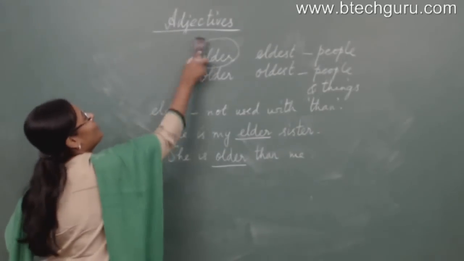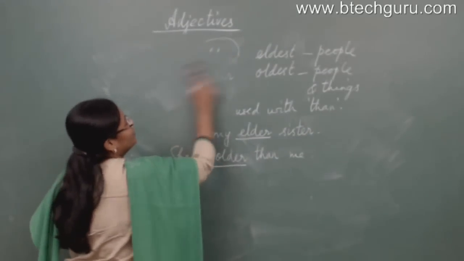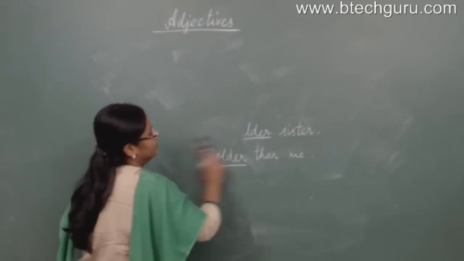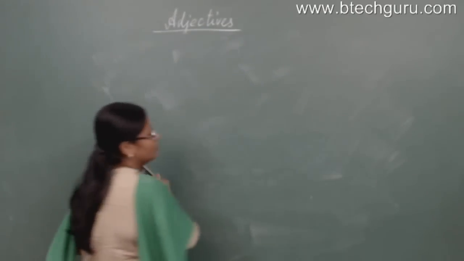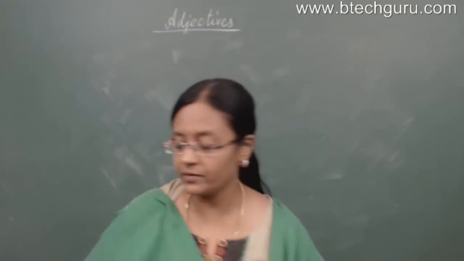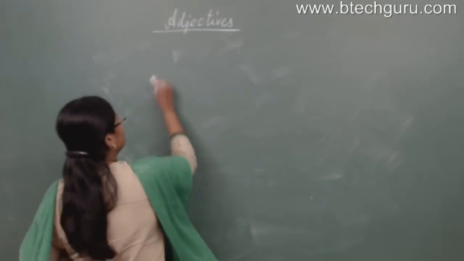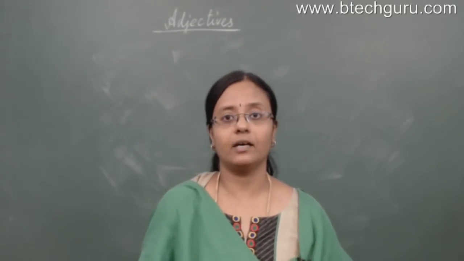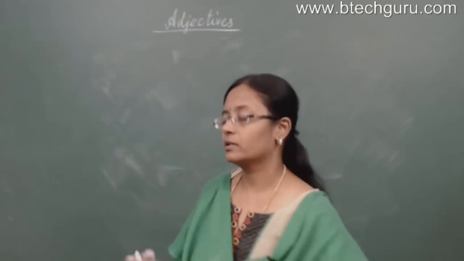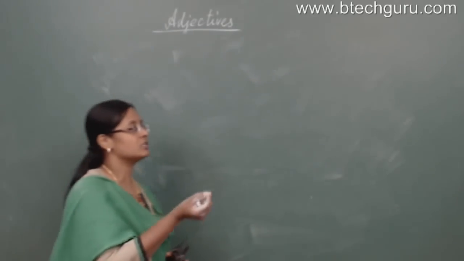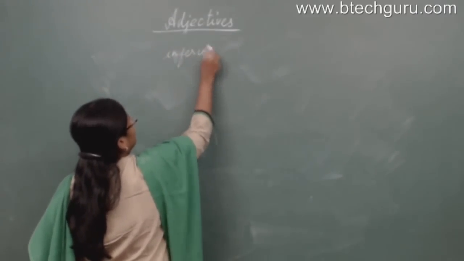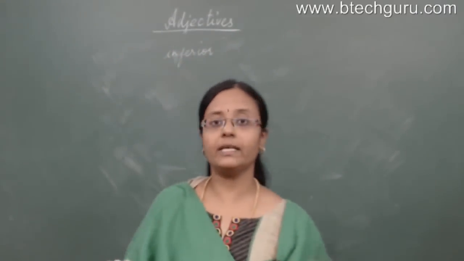I hope you're taking down at least some of the points that we are discussing. These will be useful later on, especially when you're preparing for competitive exams. And there are some words where we don't use the conjunction than after them. Instead, we use to. This was also discussed in the first session in common errors. The words like inferior. We don't say this is inferior than that.